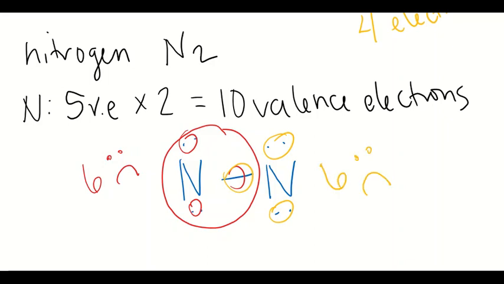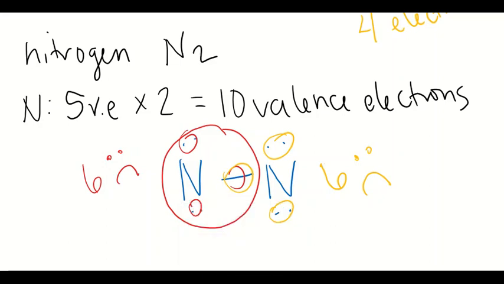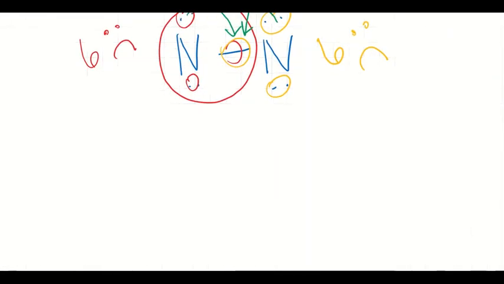Also not cool. So then we can take some of these and move them in. It turns out we're actually going to need a triple bond here, and you can always try it with a double bond and see if it works, but in this case you're going to find that it doesn't work.